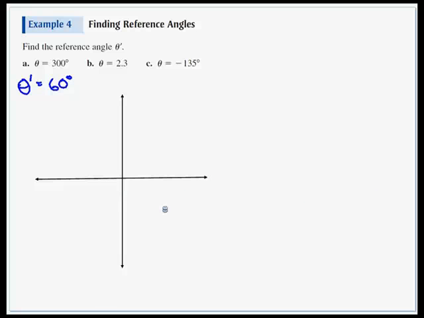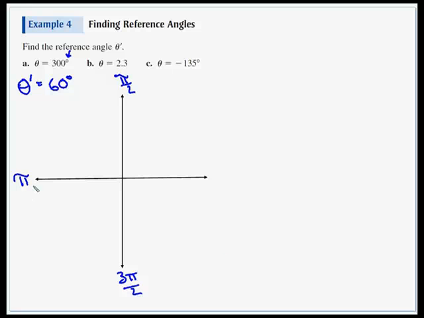In part B, now we are in radian mode. The giveaway here: in part A, we had a degree sign. Here there is no degree sign, and that means we're in radian mode, even though most of the time we're used to seeing a pi in there too. When we talk about the coordinate axes in terms of pi, we know the positive y-axis is 1/2 pi, then 1 pi, 3/2 pi.